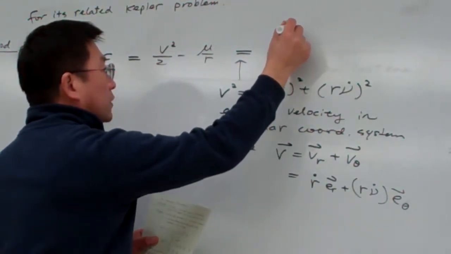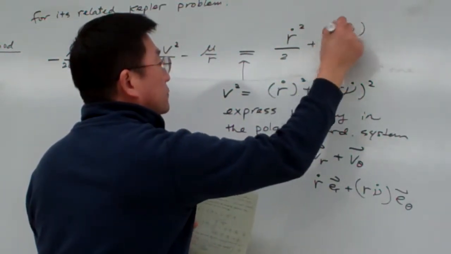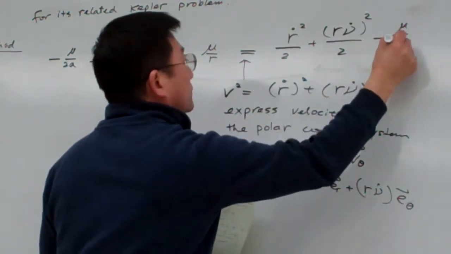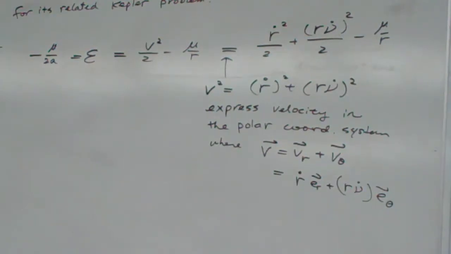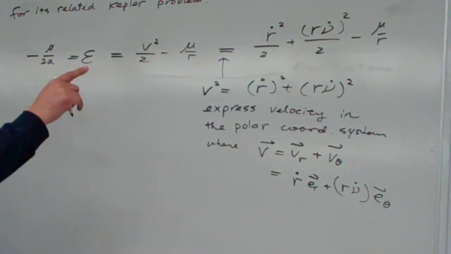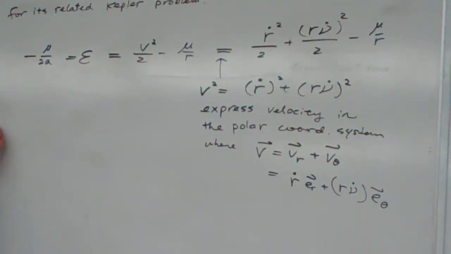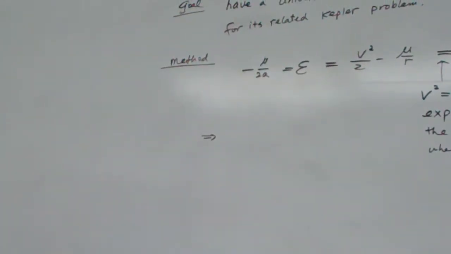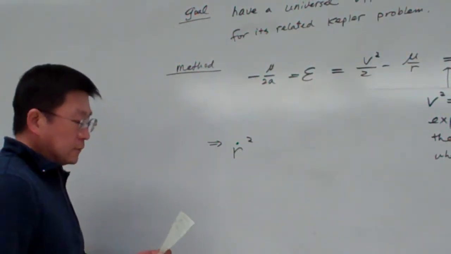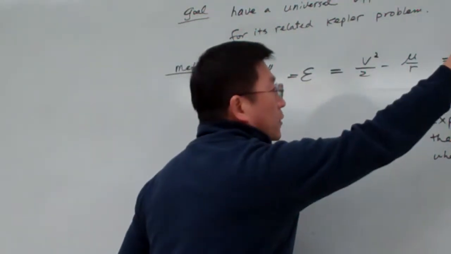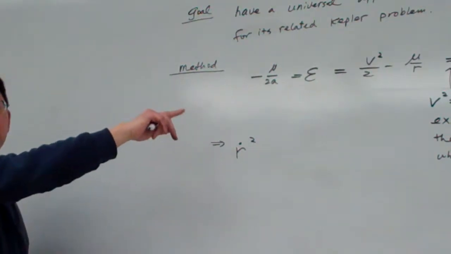r dot squared plus r squared nu dot squared over 2 minus mu over r. Okay, so from here you can see our intent is to try to show, hopefully, using the r dot related functions. Once we have this one, let me get the expression for r dot squared. So here I want to focus on that term and move the other two terms to the other side and do an arrangement.